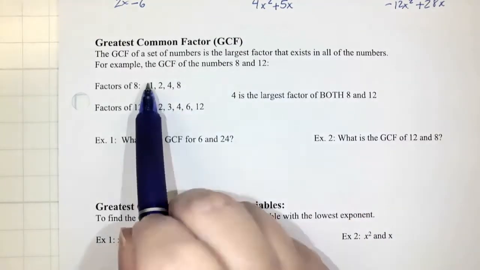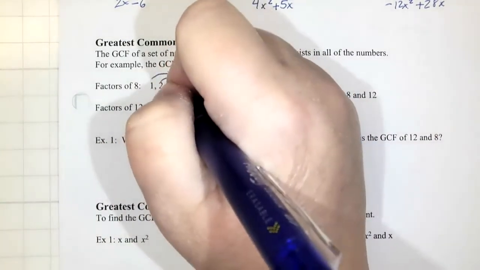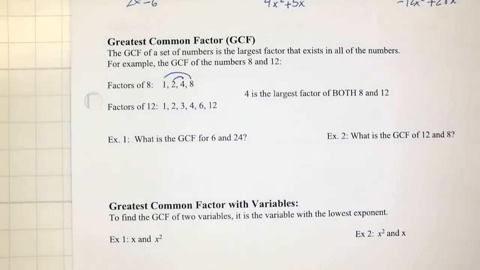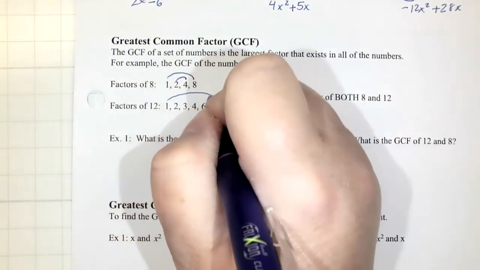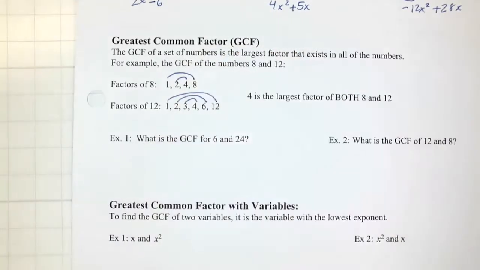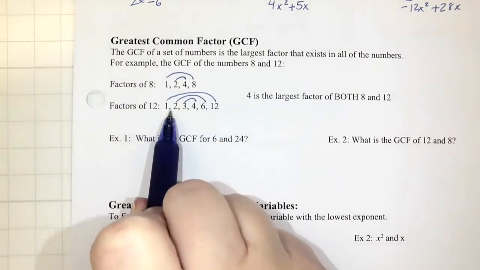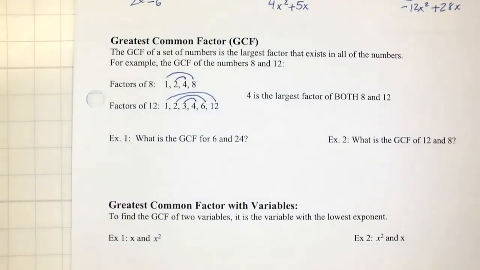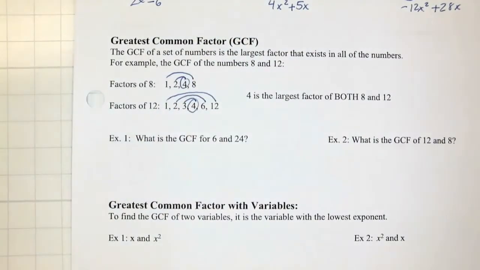We look at the factors of 8. 1 times 8 is 8. 2 times 4 is 8. So if you remember doing factor rainbows in 6th grade in elementary school, factors of 12. 1 times 12 is 12. 2 times 6 is 12. 3 times 4 is 12. So when we look at all of the factors of 8 and all of the factors of 12, the greatest factor they both have in common is 4. So the greatest common factor of 8 and 12 is 4.